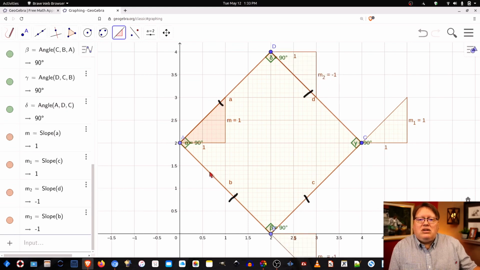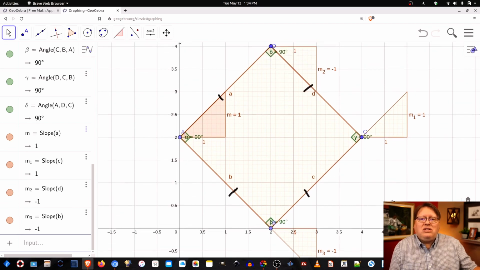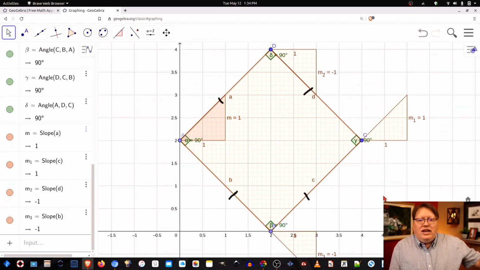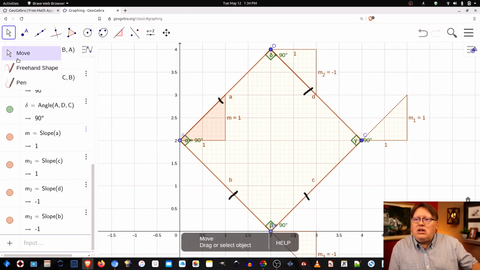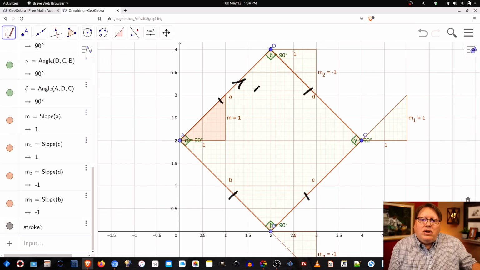And I'm going to click on side, let me go back to move and slide this up so you can see. Yes, side B also has a slope of -1. So what does that tell us? It tells us again that we have, and I can mark this, remember, opposite sides that are parallel. And we're going to mark that with an arrow on the side.